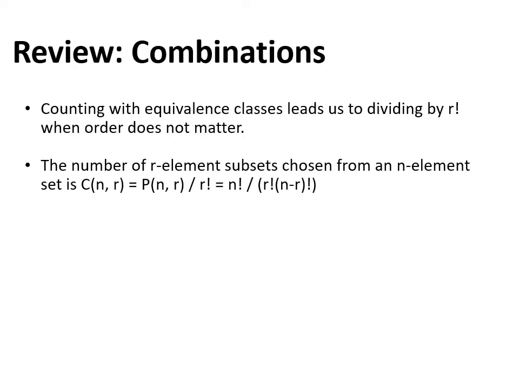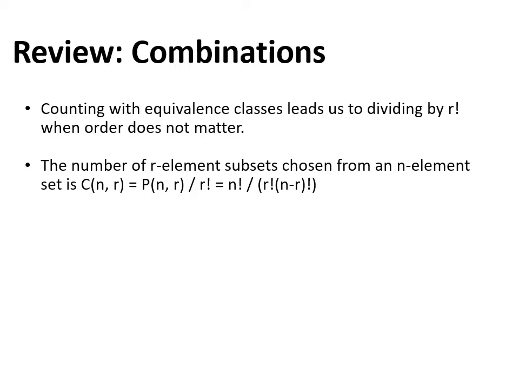We also introduced combinations in lecture 15. And remember, we derived the expression for combinations by relying on counting with equivalence classes, which leads us to dividing the number of permutations by r factorial, since the order does not matter.